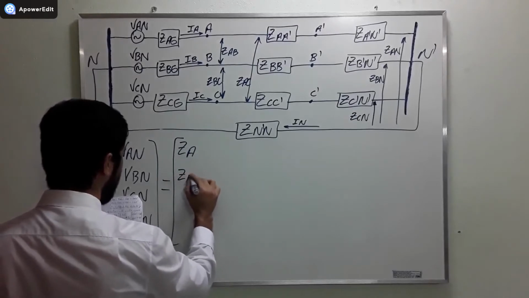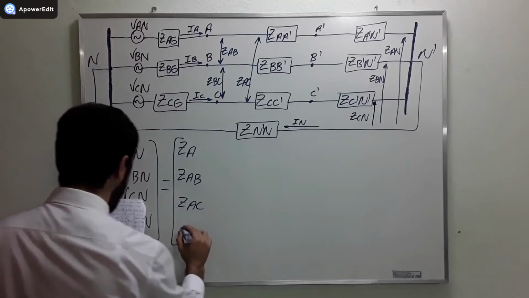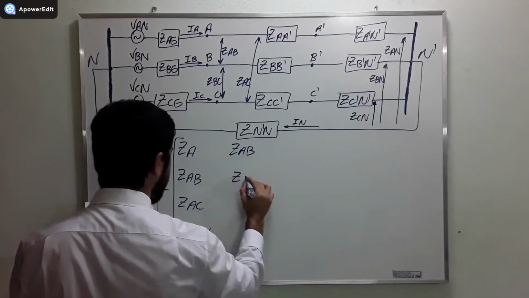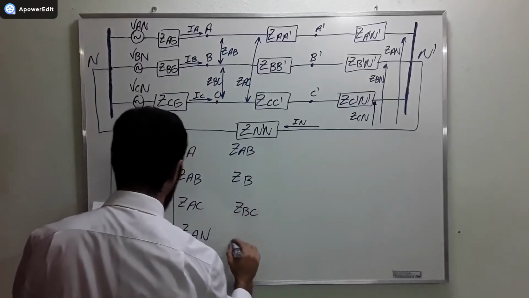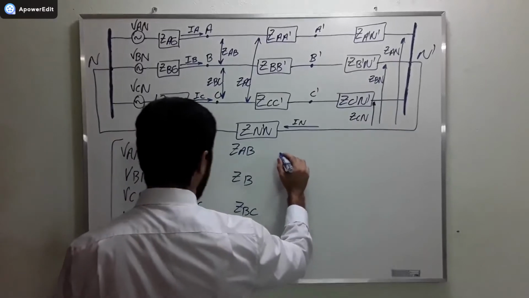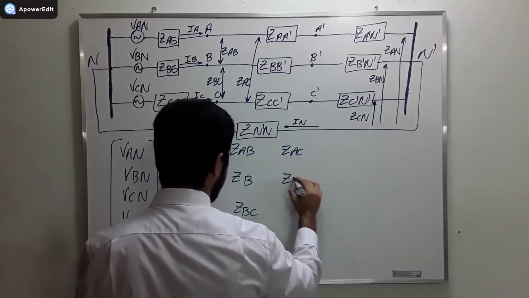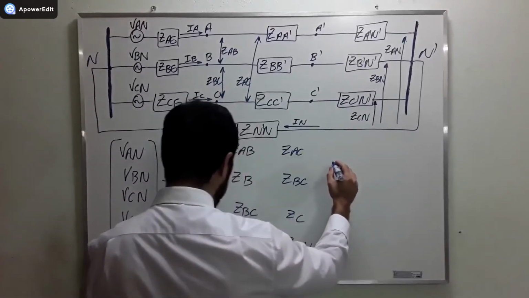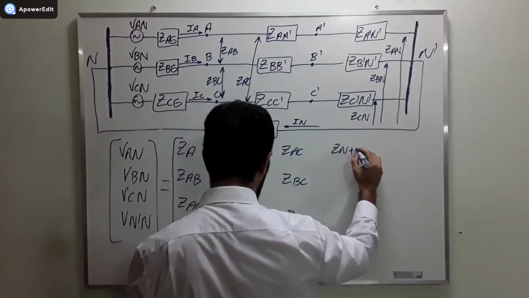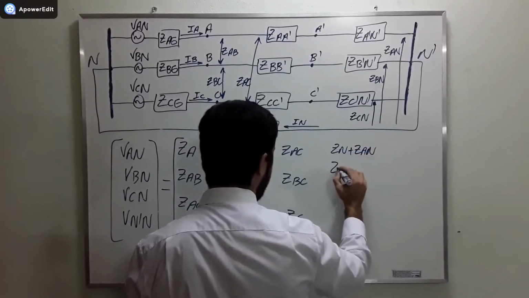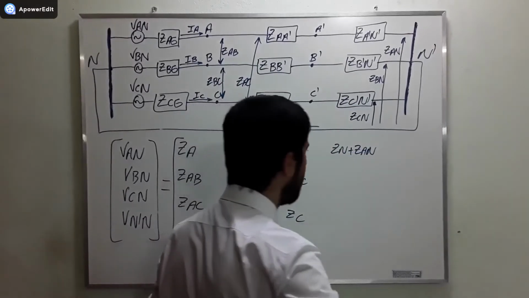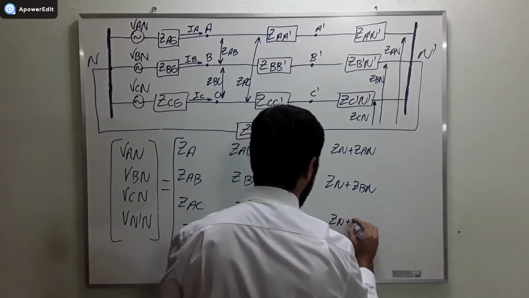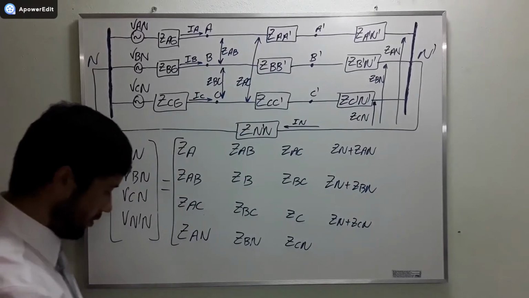ZA, ZAB, ZAC, ZAN, ZAB, ZB, ZBC, ZBN, ZAC, ZBC, ZC, and ZCN, and here the ground, ZN plus ZAN, ZN plus ZBN, ZN plus ZCN, and ZN.